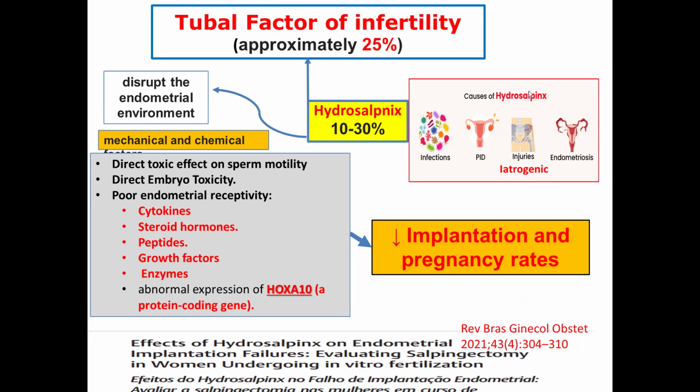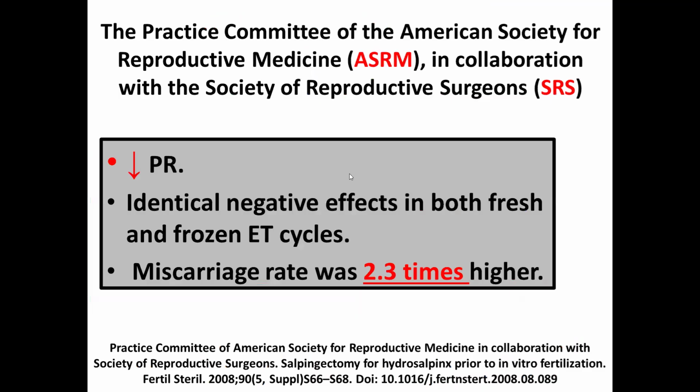So don't forget to see the fallopian tubes by ultrasound if they are distended or not, particularly if the patient has previous pelvic surgery, previous history of PID, endometriosis, or infections. And of course, since a long time, it's well known that the miscarriage rate is high and pregnancy rate decreased in those patients with hydrosalpinx.